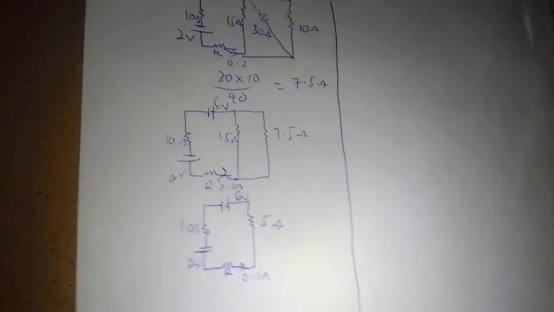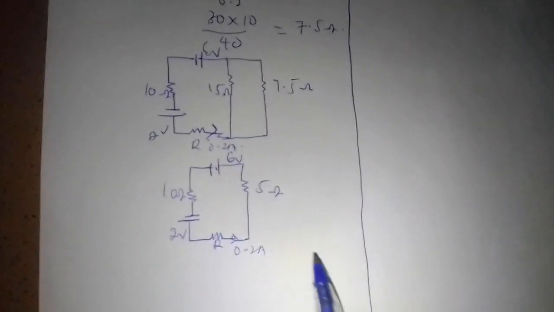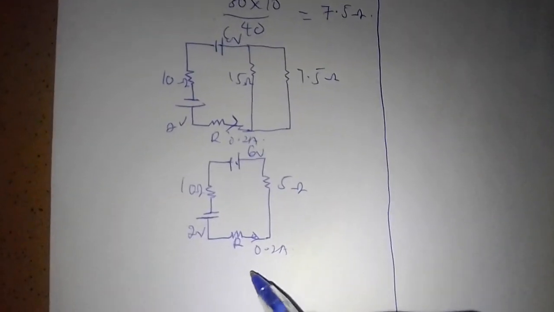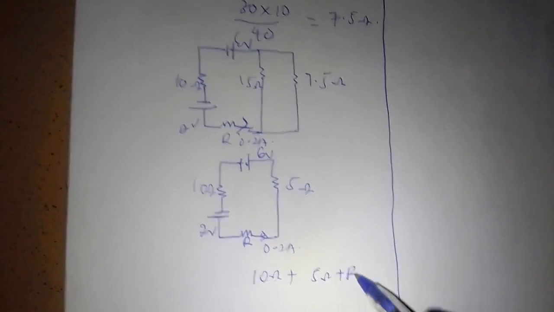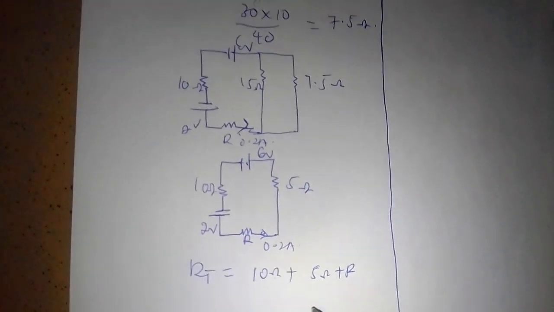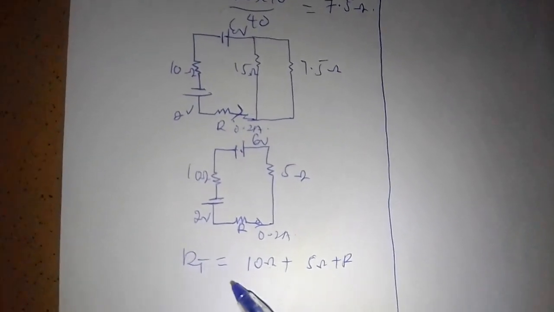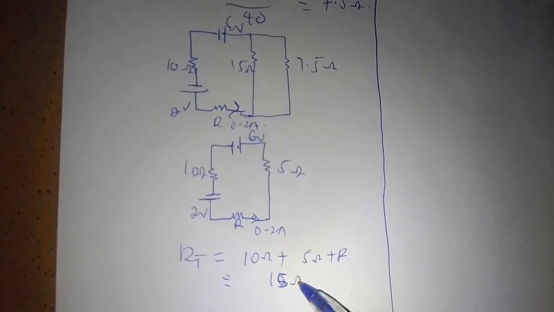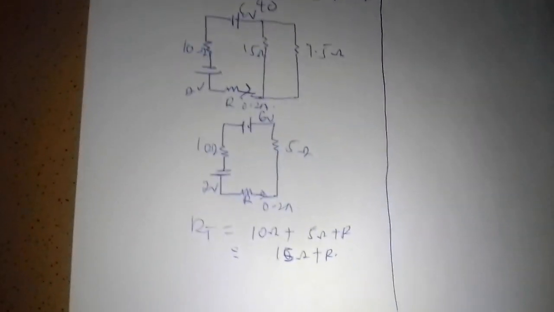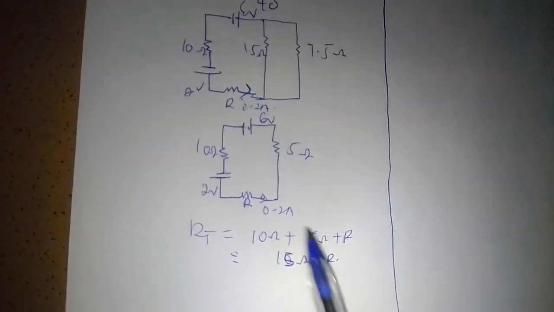As we have reduced this circuit, we can clearly show how to get R. Our final total resistance becomes 10 ohm plus 5 ohm plus R, that is RT. Since R is unknown, you will leave this as an expression, 15 ohm plus R. They are all in series.